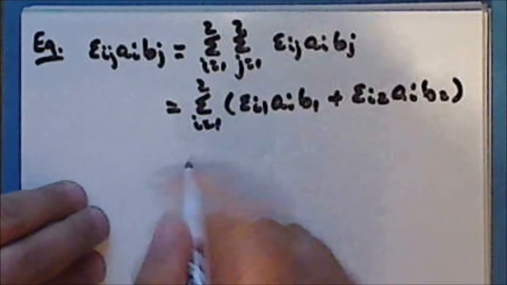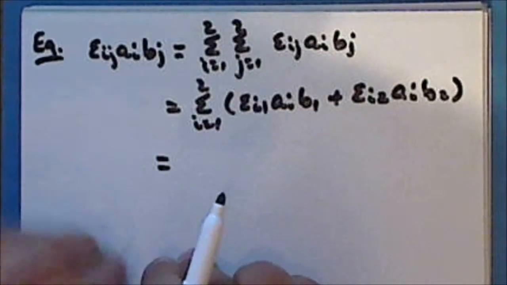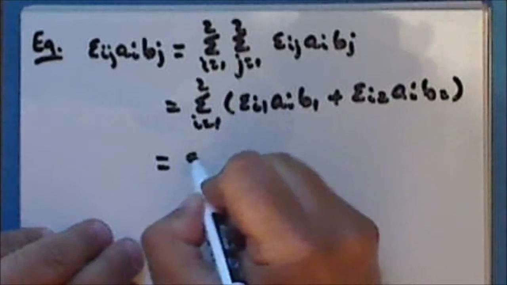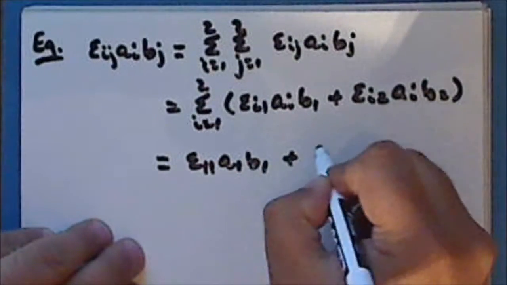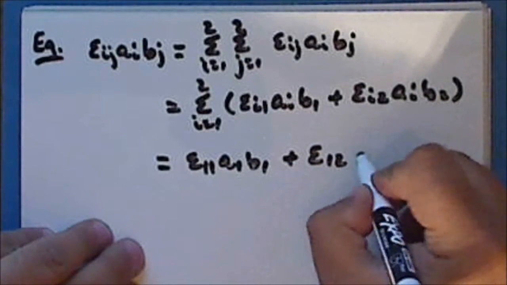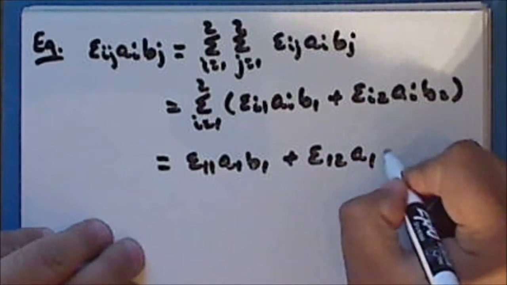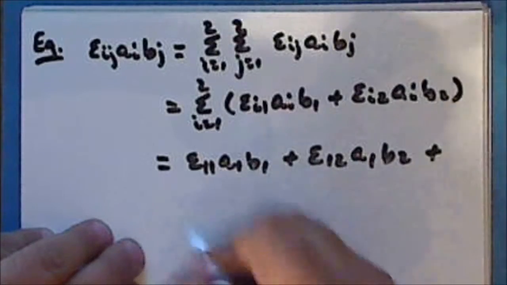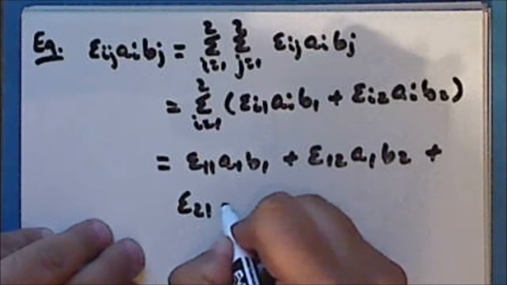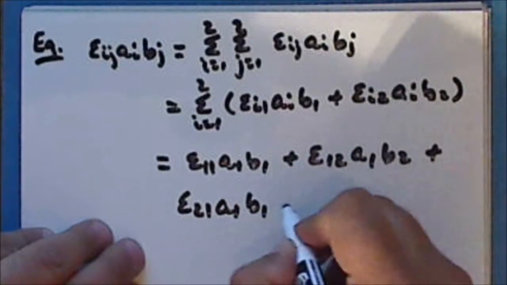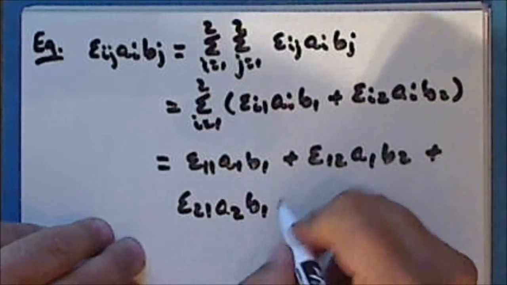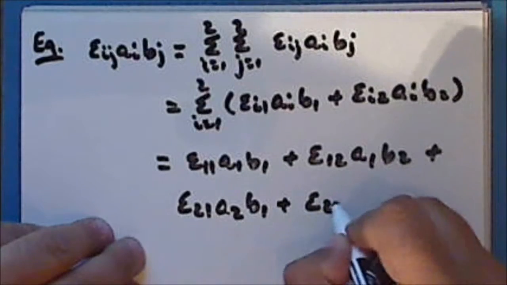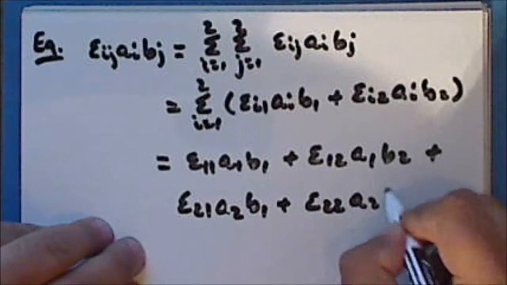If we now expand this sum for all values of the index i, we have epsilon sub 1, 1, a sub 1, b sub 1, plus epsilon sub 1, 2, a sub 1, b sub 2, plus epsilon sub 2, 1, a sub 2, b sub 1, plus epsilon sub 2, 2, a sub 2, b sub 2.